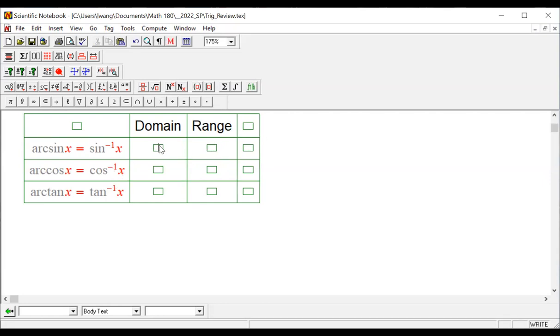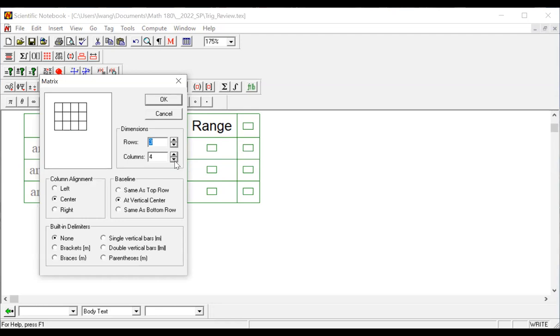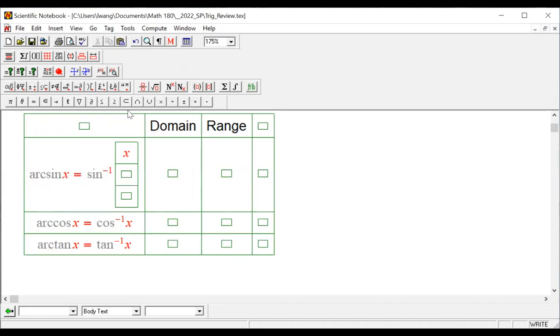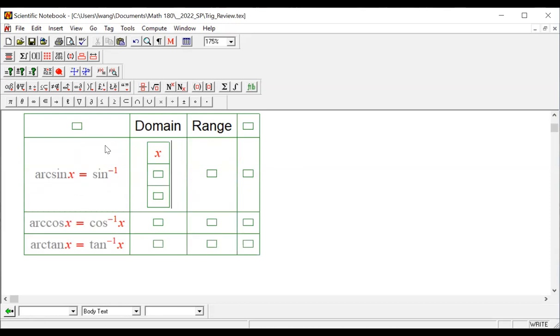Because we know the inputs for arc sine are ratios, those ratios have to satisfy certain conditions. Let me insert a three-form column.